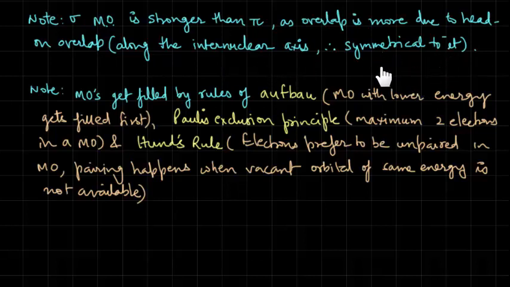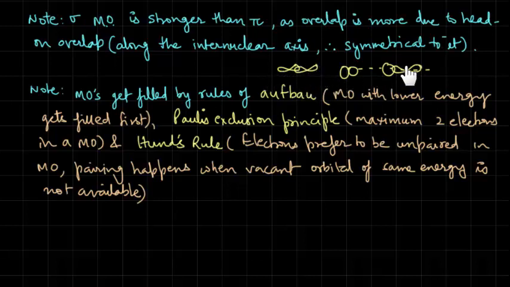You can see that sigma bonds are always symmetrical to the axis. If you rotate this sigma bond along the axis, you will find the same geometry at any time. Similarly with s and s, or p and p, axial overlap.